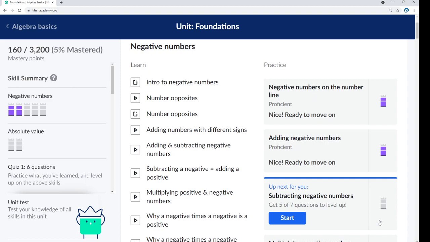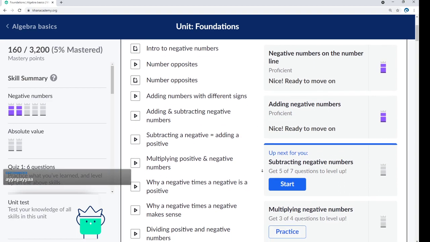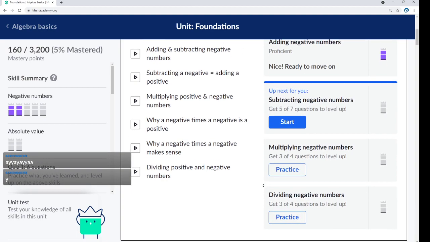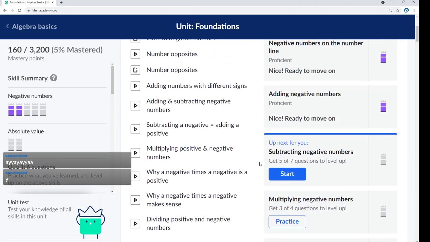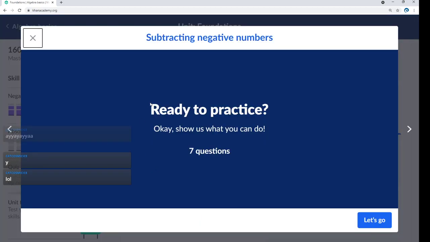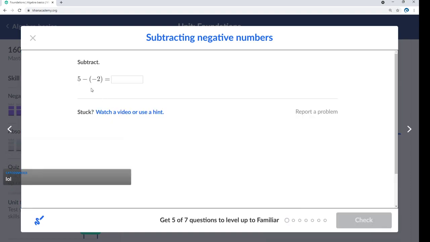Cool. So, so far, so good. I haven't completely embarrassed myself yet. That's the key. Yet. So now we're gonna subtract negative numbers, and I'm guessing this is gonna get hard here. 5 minus -2.